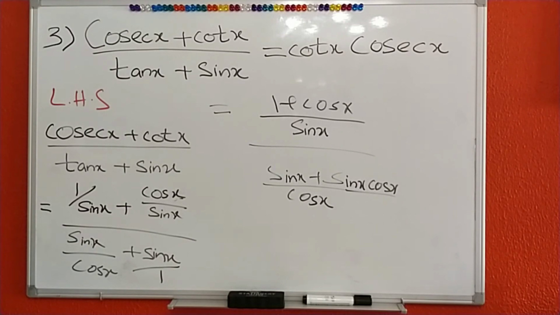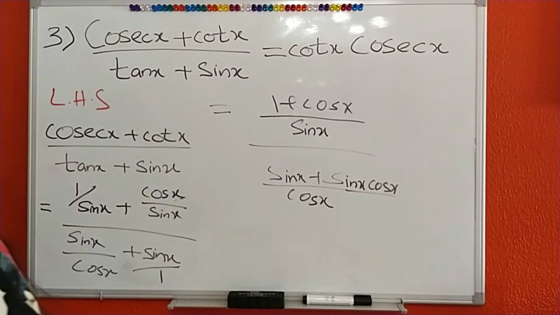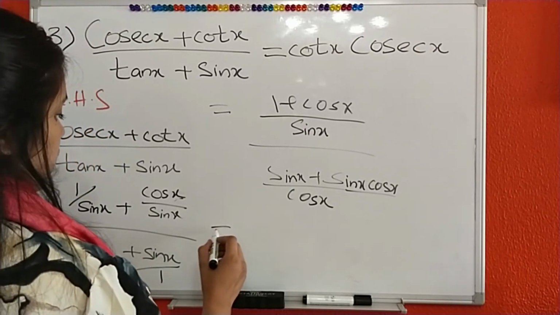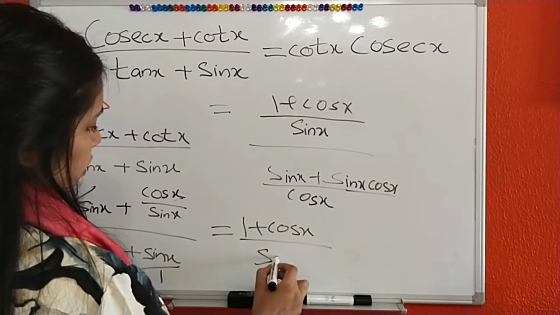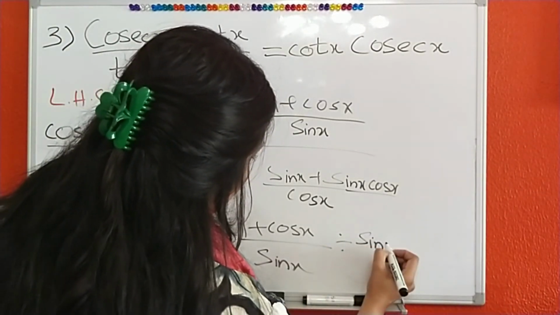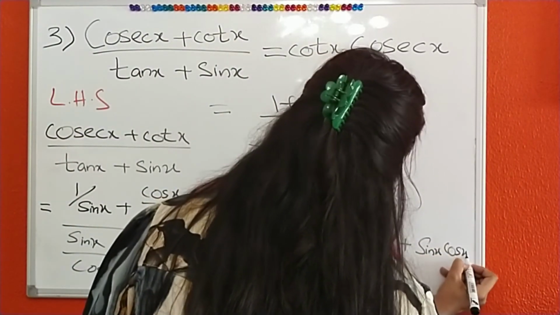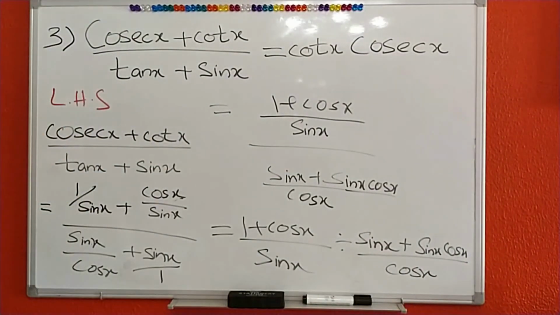Now I am doing one more step to simplify it. 1 plus cos x upon sin x divided by sin x plus sin x cos x upon cos x.